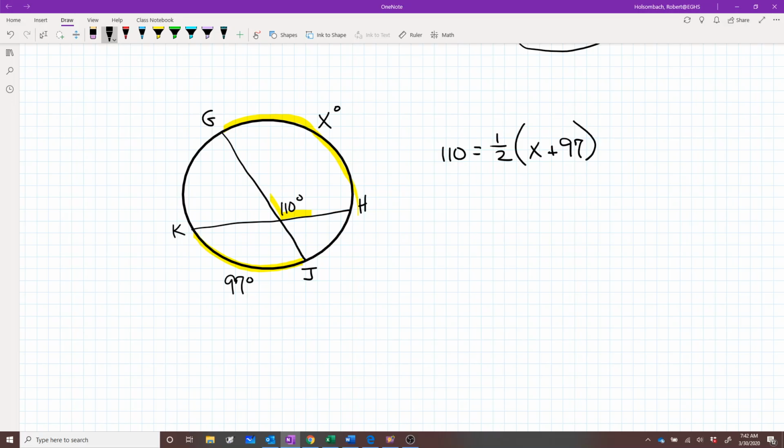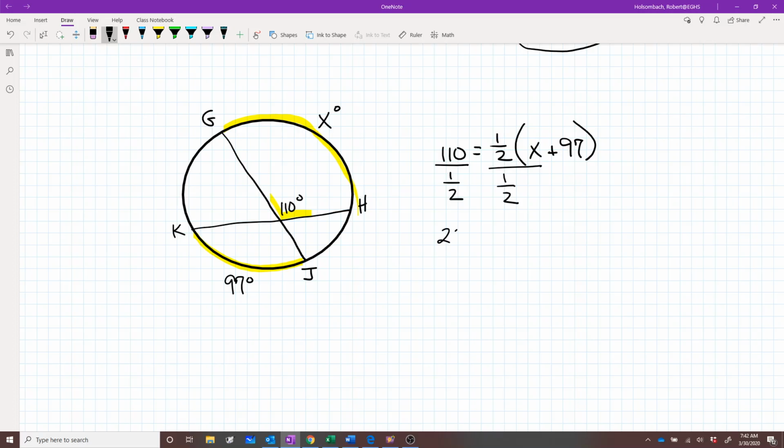Now there's two ways you can do this problem. You could do the distributive property and then solve for x, but I think it's simpler to just take the 1/2. You can divide both sides by 1/2 right now. If you take 110 and divide it by 0.5, then you get 220.